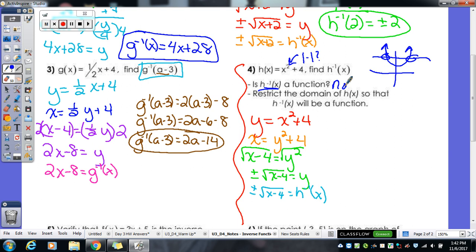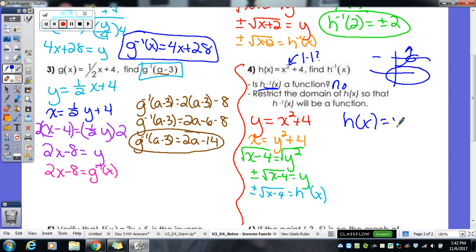So what they want us to do is restrict the domain of the original so that the inverse does become a function. So what we want to do is basically just get rid of one of these sides here. So now this would be a 1-to-1 function because it would pass your horizontal line test. So which values of x would I be using here? Positive ones.